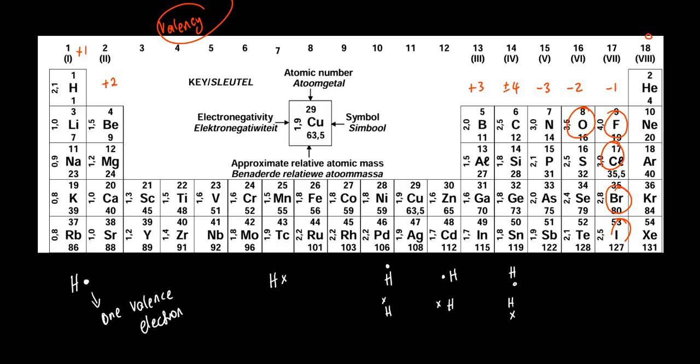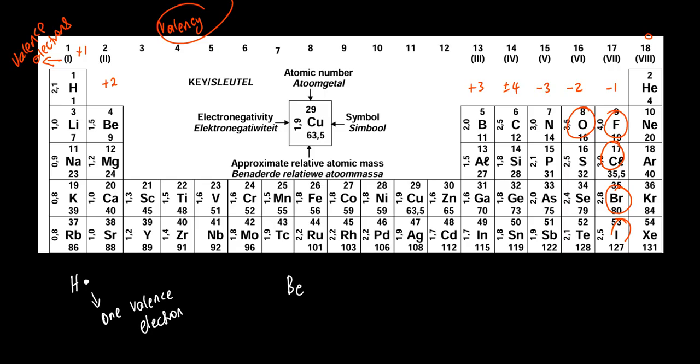Now, how do we draw the Lewis structure for beryllium? Beryllium has two valence electrons, and here it's two valence electrons. So remember, these numbers tell you the valence electrons of the element or atom.